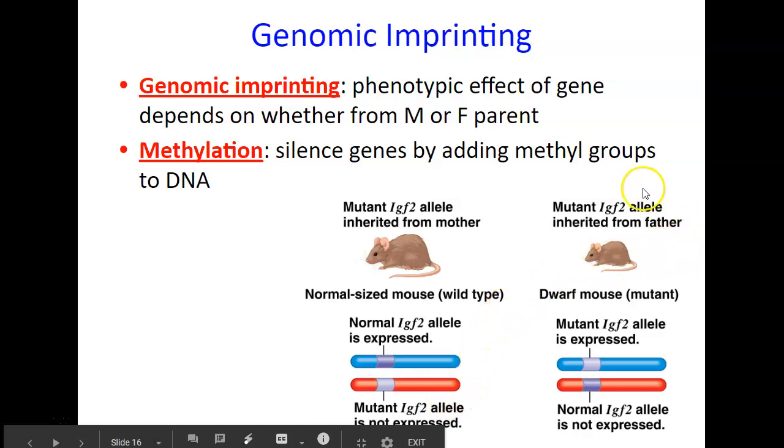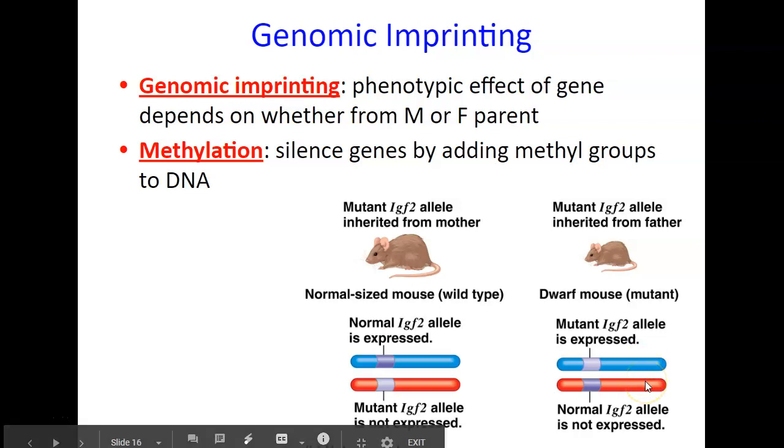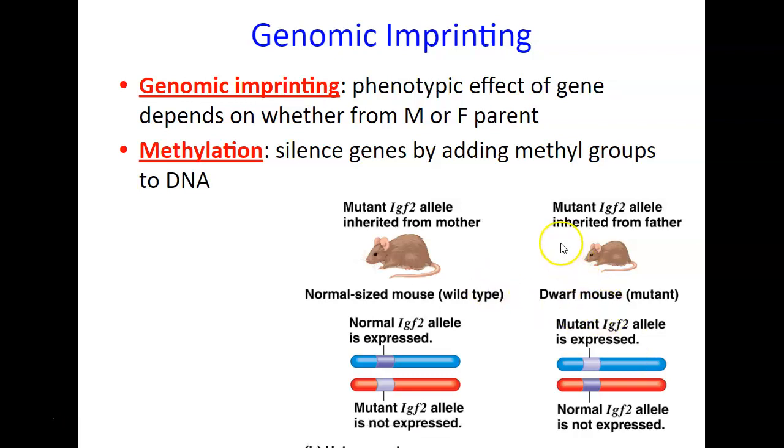But if you inherit the mutant version from dad, you get a dwarf mouse because the normal one is not expressed and the mutant one is expressed. So this is a weird instance where, depending on whether you get the mutant version from mom or dad, and the inactivation of certain genes, you have different outcomes. It's called genomic imprinting.